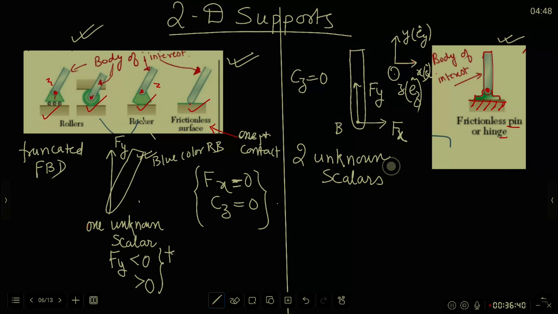For frictionless surface, of course, Fy can only be directed upwards. In this case, Fy will be going upwards. The reaction will be upwards. But for the first three, don't be misled by the figure.